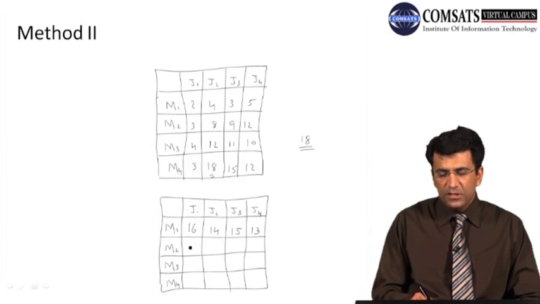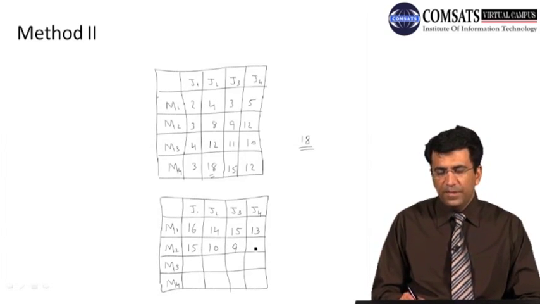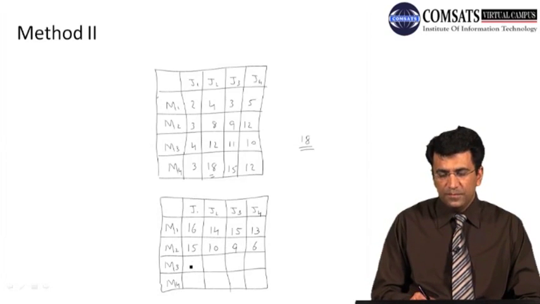Now again 18 minus 3, 15, 18 minus 8, 10, 18 minus 9, 9, 18 minus 12, 6, 18 minus 4, 14, 18 minus 12, 6, 18 minus 11, 7, 18 minus 10, 8, 18 minus 3, 15, 18 minus 18, 0, 18 minus 15, 3, and 18 minus 12, 6.